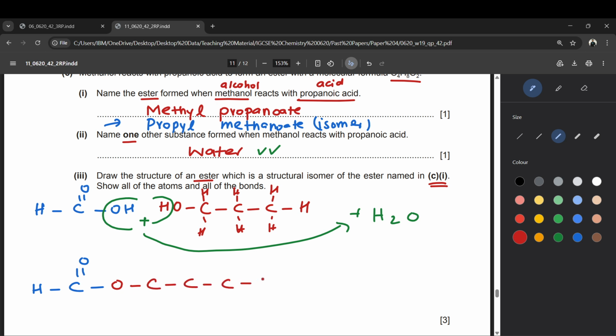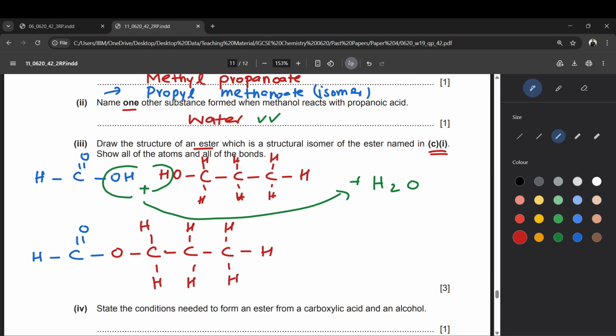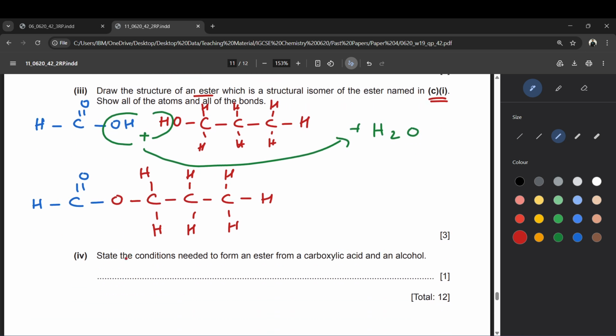So now you just have to draw the rest of the red part over here. Okay, now this is the structure of the ester. So that was required from the question. All right, so I hope that this is clear. Let's move to the last part.